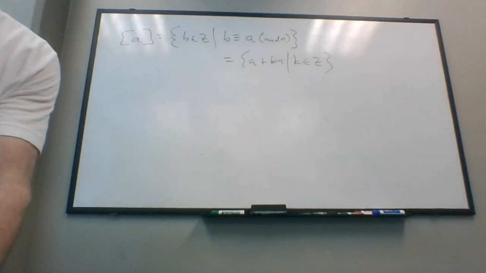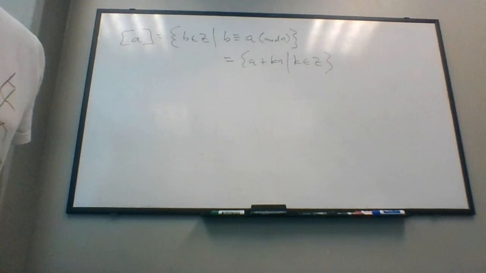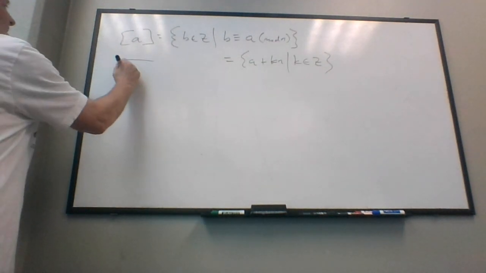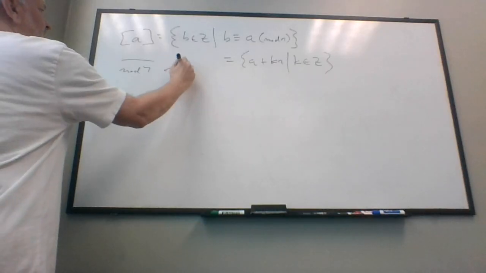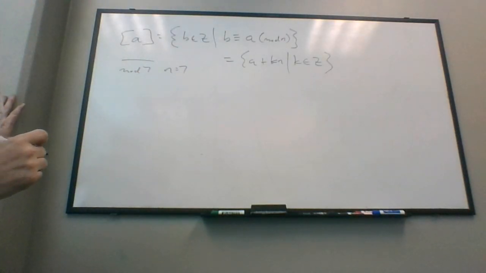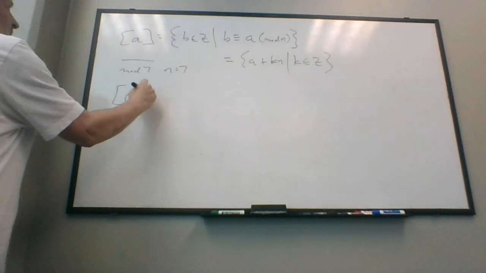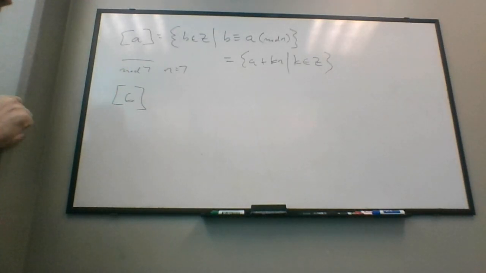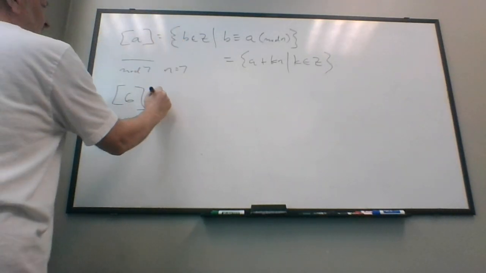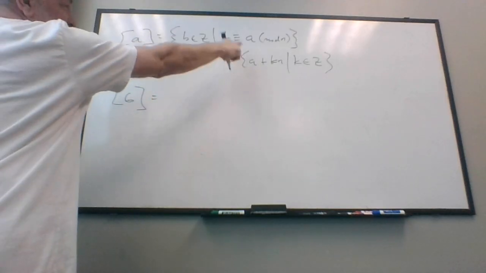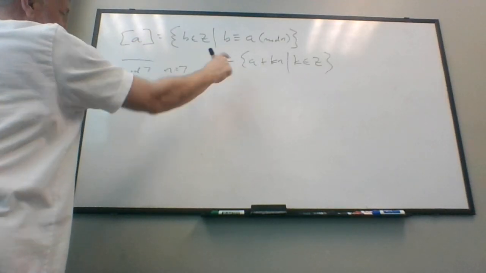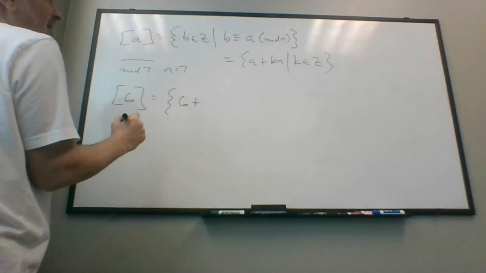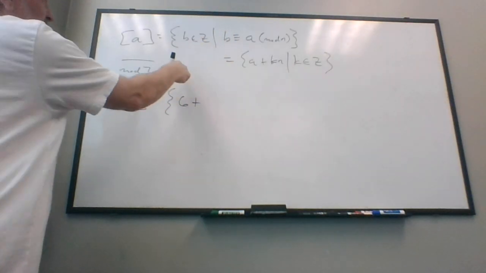So as an example on the next page, it says in congruence mod 7, so N is 7, find the congruence class of 6. So you want all the integers that are congruent to 6 mod 7. Well, let's use our characterization. The congruence class of 6 is 6 plus 7K, where K is some arbitrary integer.